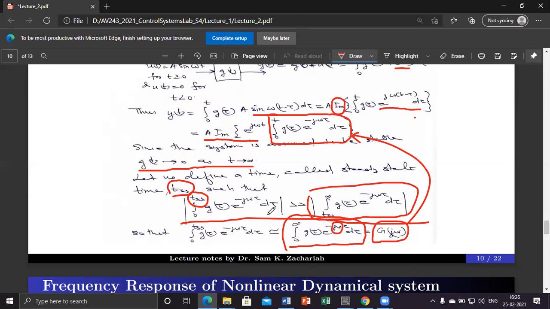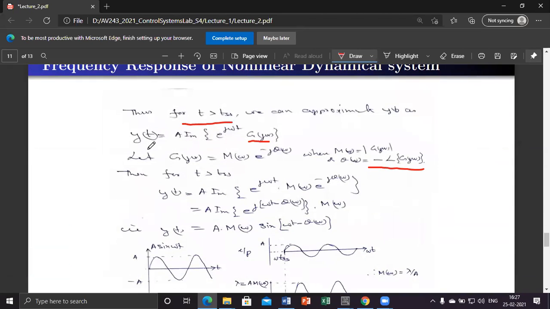So from a physical point of view, you are considering a time when all the transients have died out. We have reached a steady state. Under steady state only, this equation is applicable. That is what I mean.